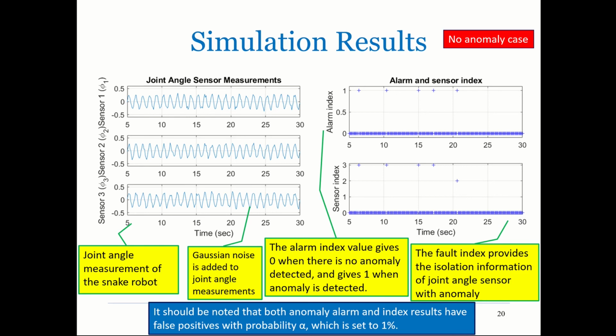The sensor index indicates which sensor the algorithm determines is at fault. In this case, there is no sensor at fault because there's no anomaly. It should also be noted that, as described in the math earlier, there's a probability alpha of false positives, and in this case it's 1%.